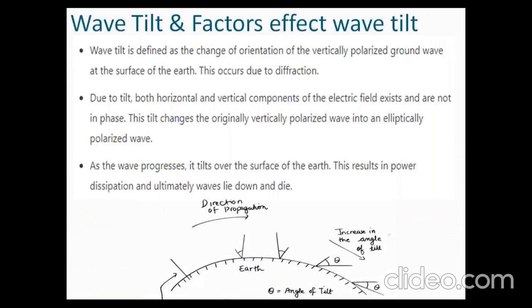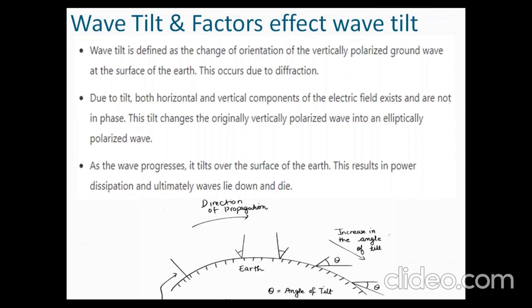Okay, now let's go to wave tilt as we discussed previously. Wave tilt is nothing but the change of orientation of a vertically polarized ground wave. So why is it vertically polarized only? Because if it is horizontally polarized, since it is a ground wave, it will pass through the surface, and due to the induced signal by the earth, it will be attenuated at a particular distance.